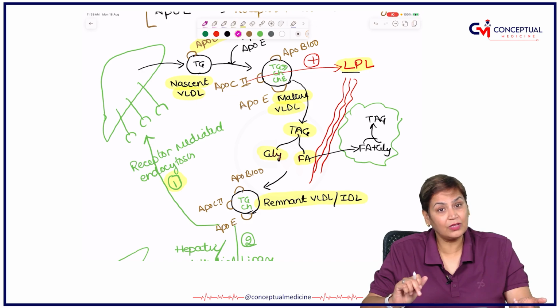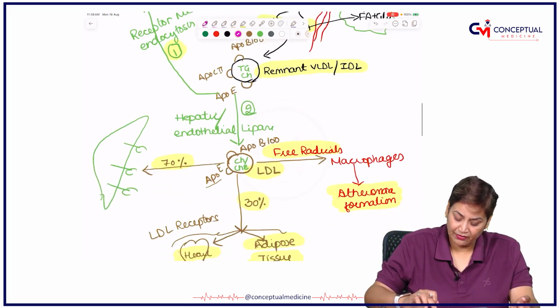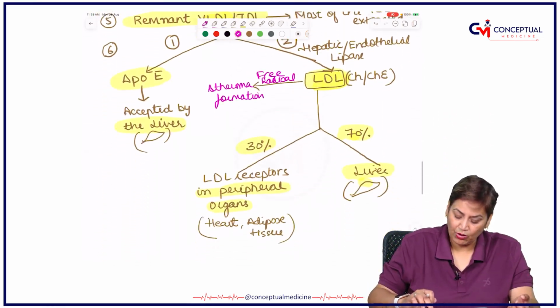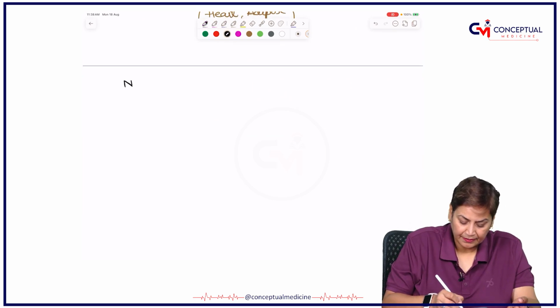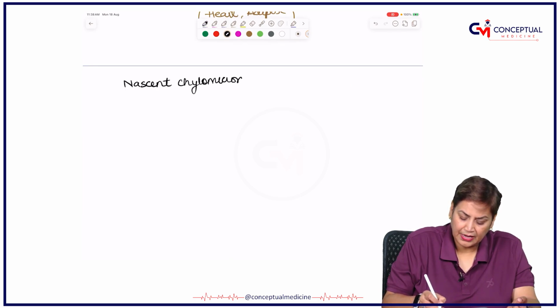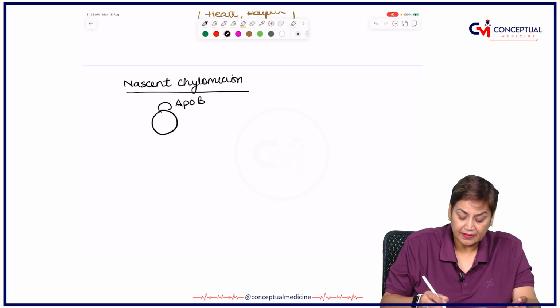Chylomicrons are responsible for that. Again, a nascent chylomicron is also very, very important. If we have to ask what is a nascent chylomicron? Right, nascent chylomicron has only Apo B-48.